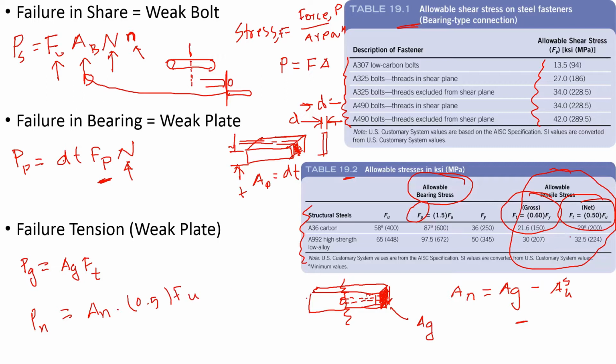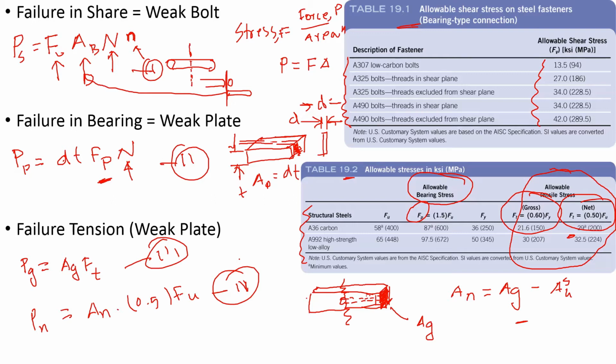So that comes from here. It's already given. Out of all of these four, this is number 1, number 2, number 3, we'll have 4 different numbers for the load that this particular connection can carry, and of course whichever is the smallest, that is the maximum this connection can carry.